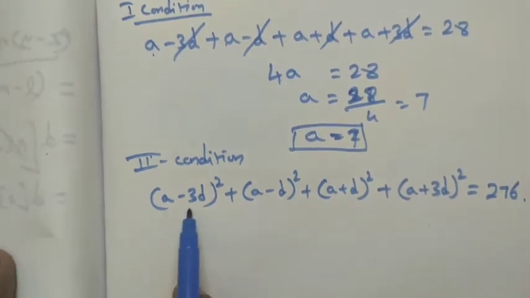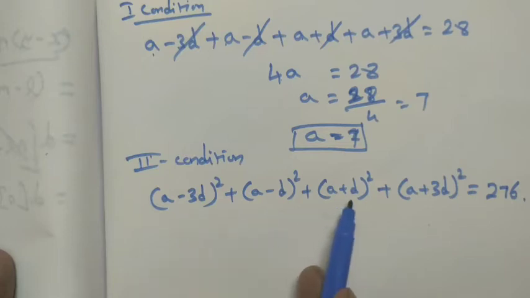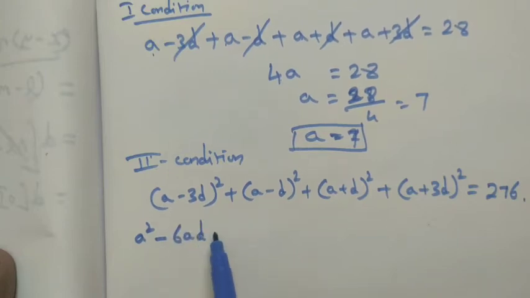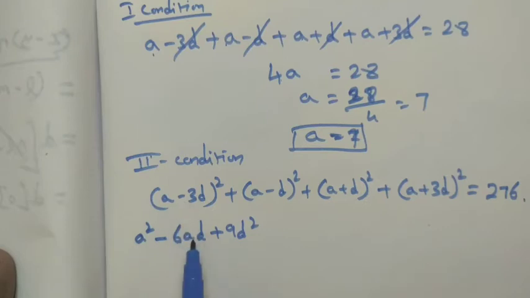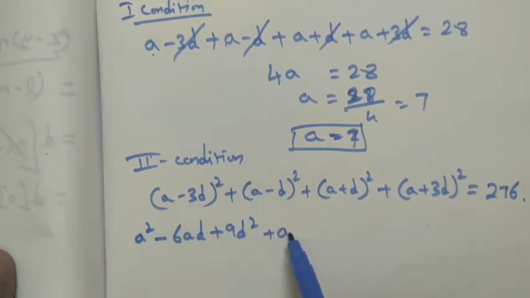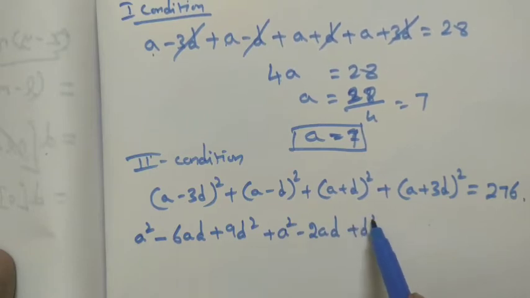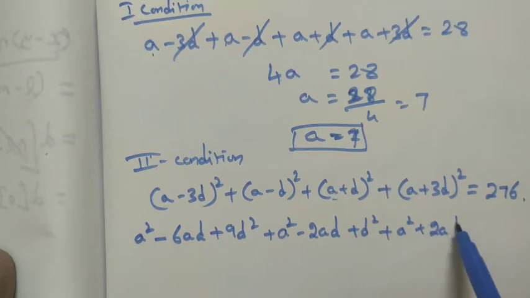And just apply the a minus b whole square formula and the a plus b whole square formula. Here a square minus 6ad plus 9d square, a square minus 2ab plus b square, right? Here also a square minus 2ad plus d square. Here a square plus 2ad plus d square.